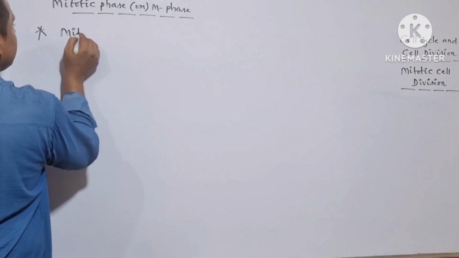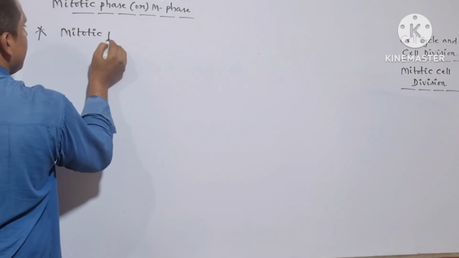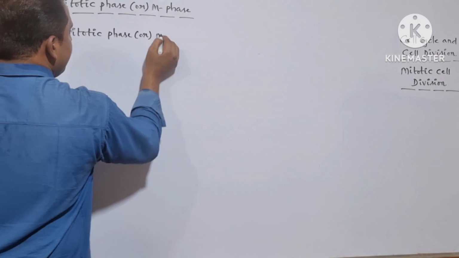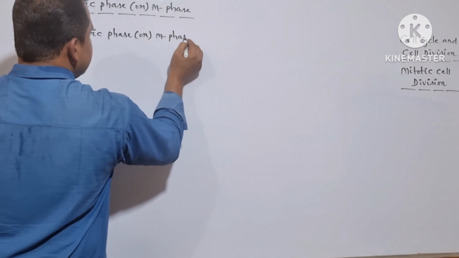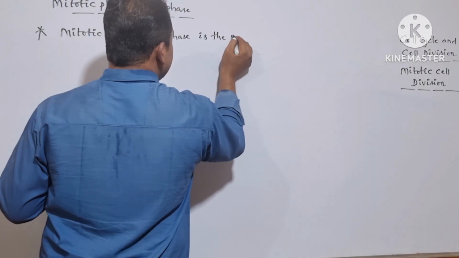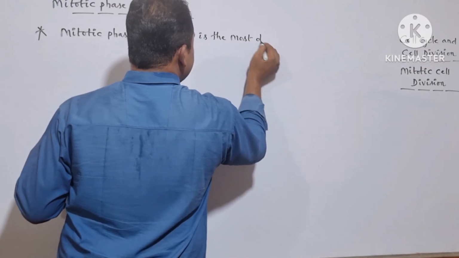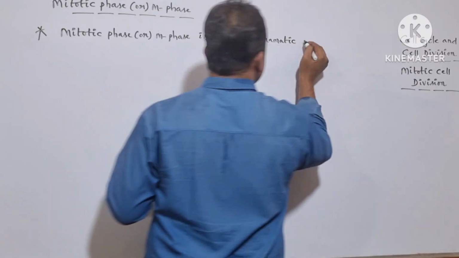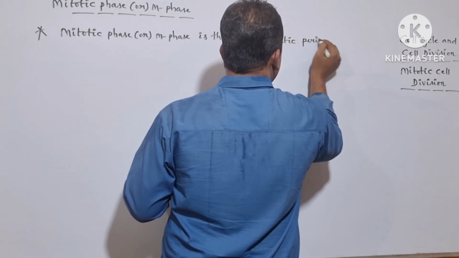Mitotic phase or M phase is the most dramatic period of the cell cycle.